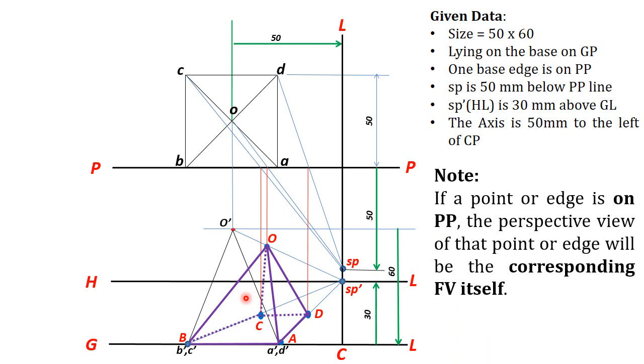Here one important point you can remember, that if a point or an edge is on PP, the perspective view of that point or edge will be the corresponding front view itself. That's why you got the perspective points of A and B same as A dash and B dash.